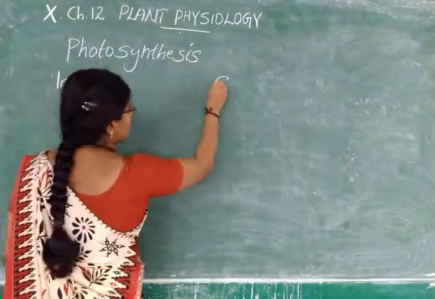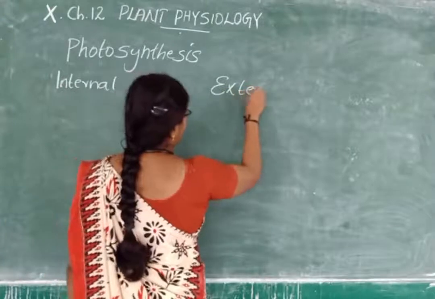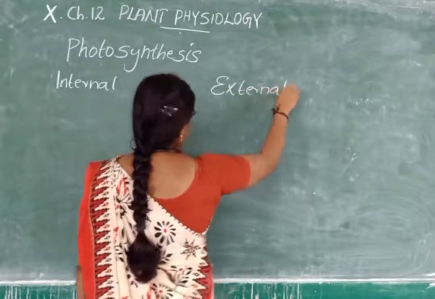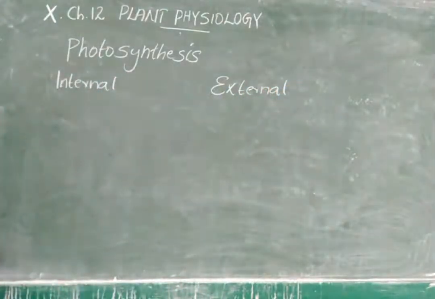Internal factors and external factors both affect photosynthesis. What are the internal factors? Pigments, leaf age, accumulation of carbohydrates and hormones are the internal factors.